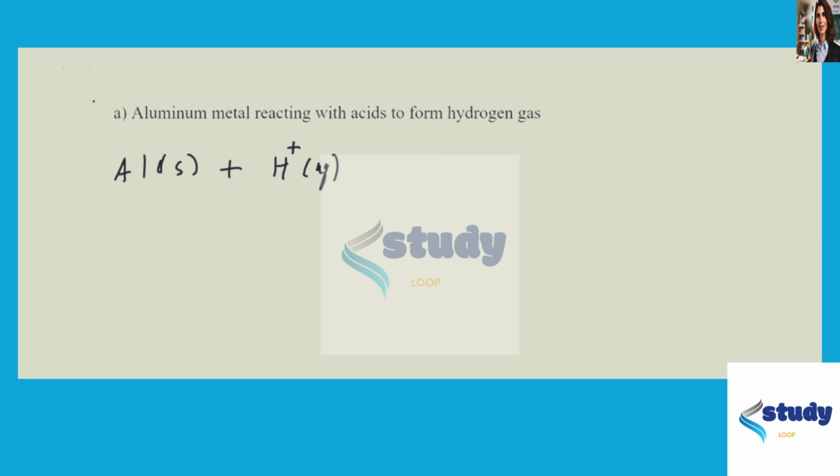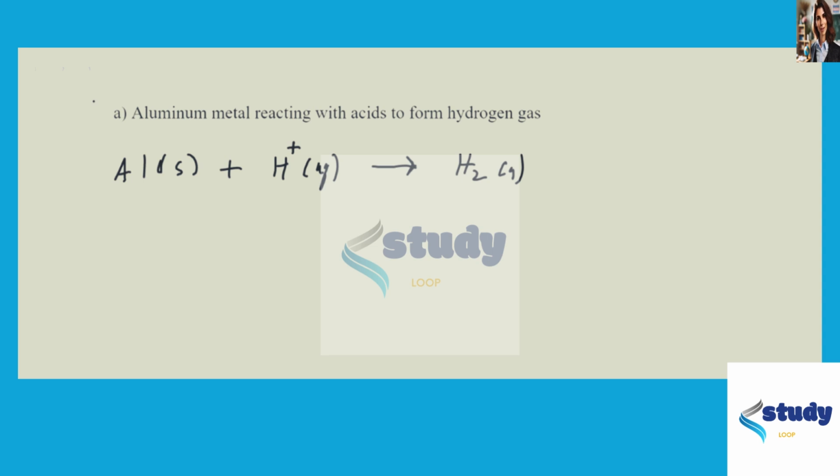That's going to form hydrogen gas. So this is the skeleton of the reaction that we're given the information for. But there are some things we can infer from this.